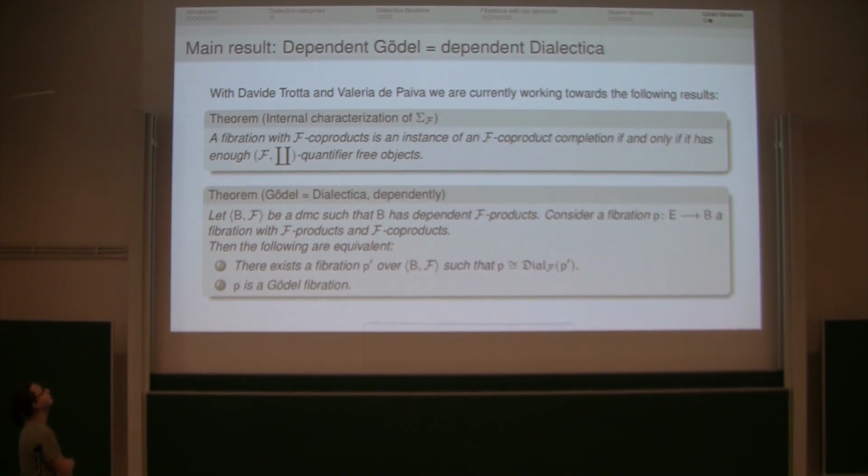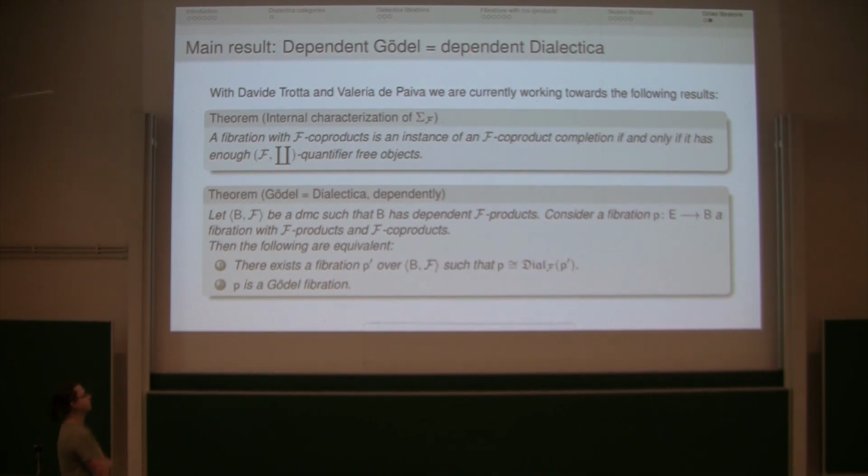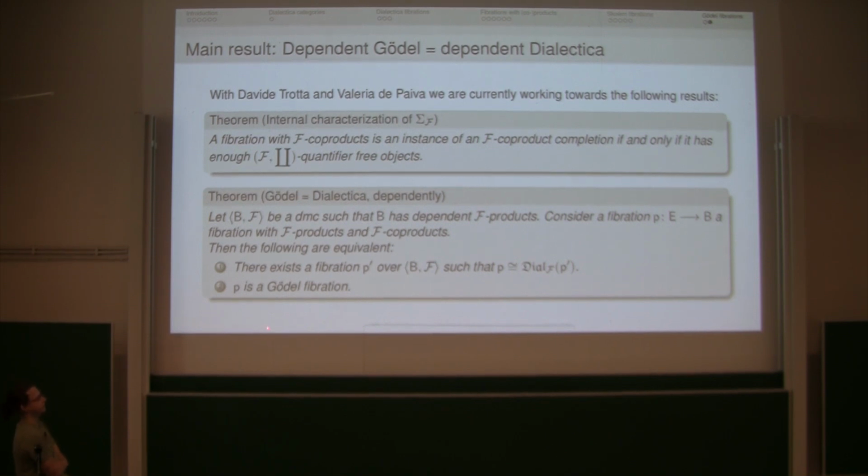And then finally, the equivalence that given a bicomplete fibration in that sense, then this is an instance of the dialectica construction of some other fibration. This is exactly the case if and only if the fibration is a dependent Gödel fibration in that sense. So thanks for your attention.